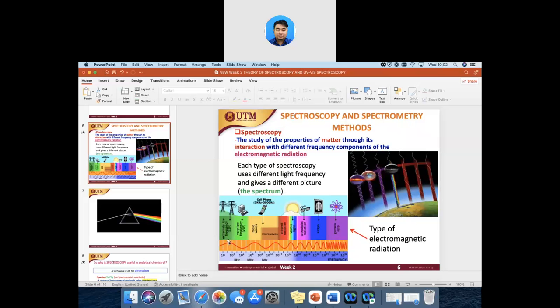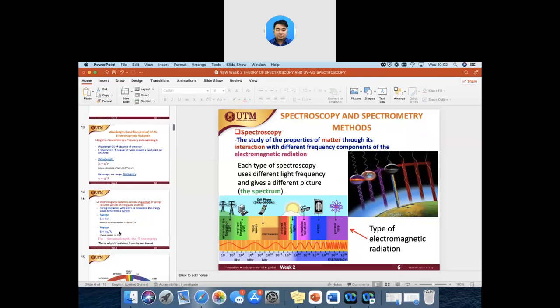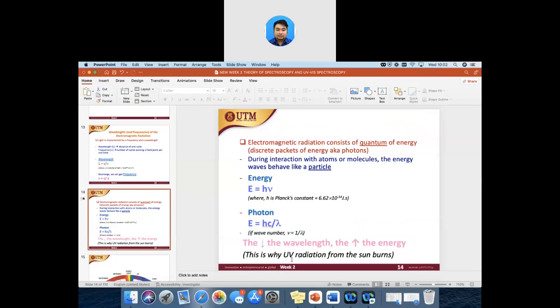So the lower the frequency, the lower the energy. That's why, for example, UV radiation from the sun burns. Because it has a lower wavelength, which means that it has higher frequency and higher energy.